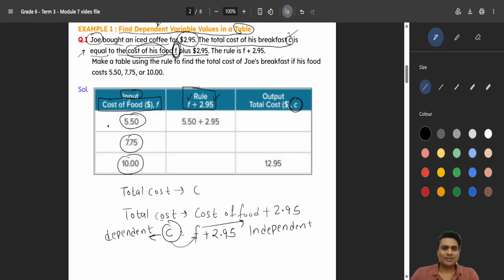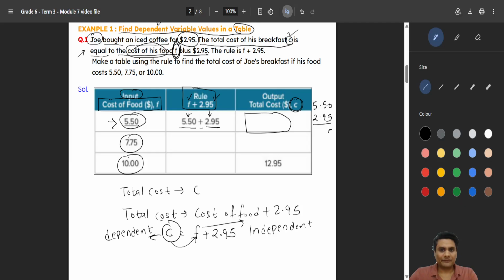Imagine if you purchased a food of $5.50, then what will be the total cost that you will pay? According to my rule, the cost of the food is 5.5 plus I paid 2.95 for the iced tea. So total will be, check, 5.50 plus 2.95.